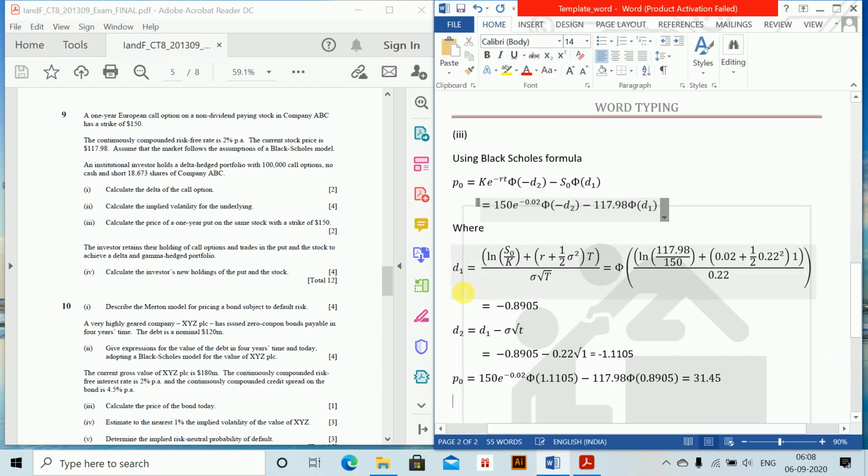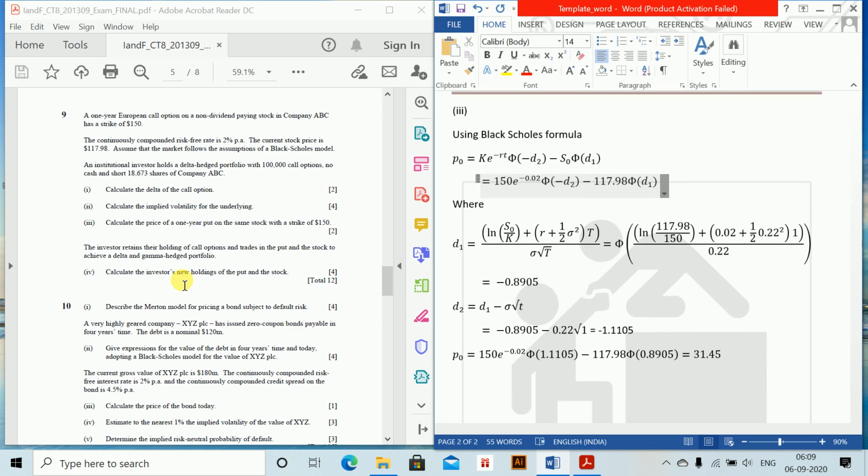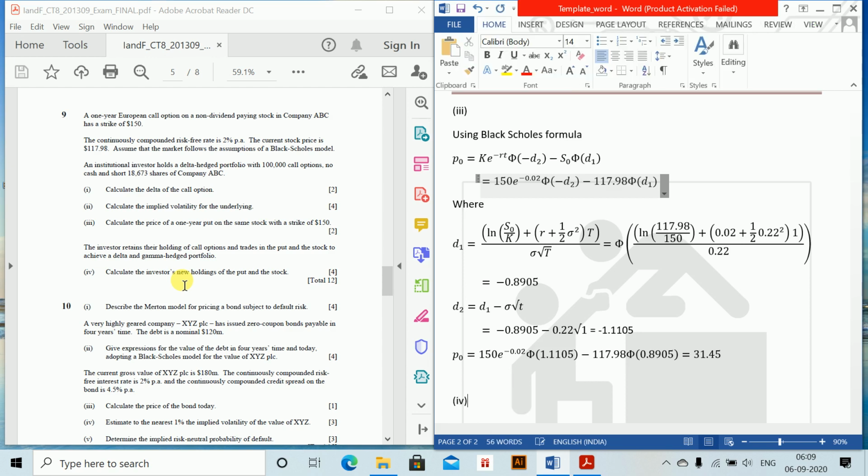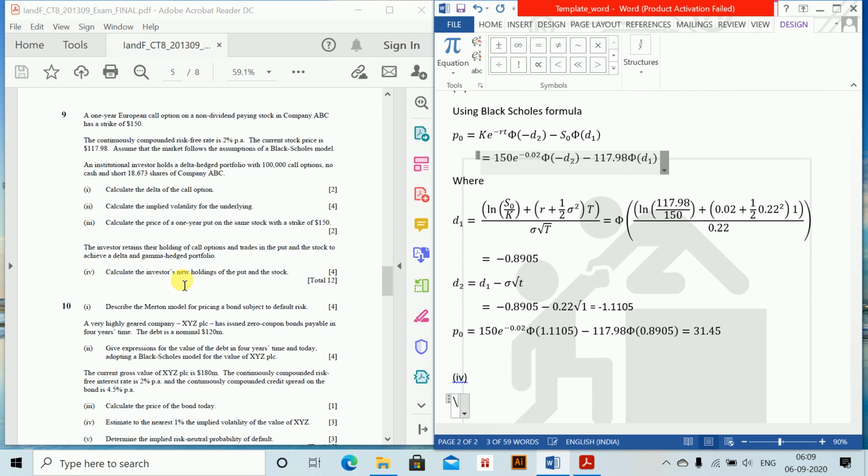And then calculate: the investor retains their holding of call options and trades in the put and stock to achieve delta and gamma hedging. Calculate the investor's new holding of the put and the stock. So now the fourth part, we have delta c plus 0 is equal to delta p plus delta s.